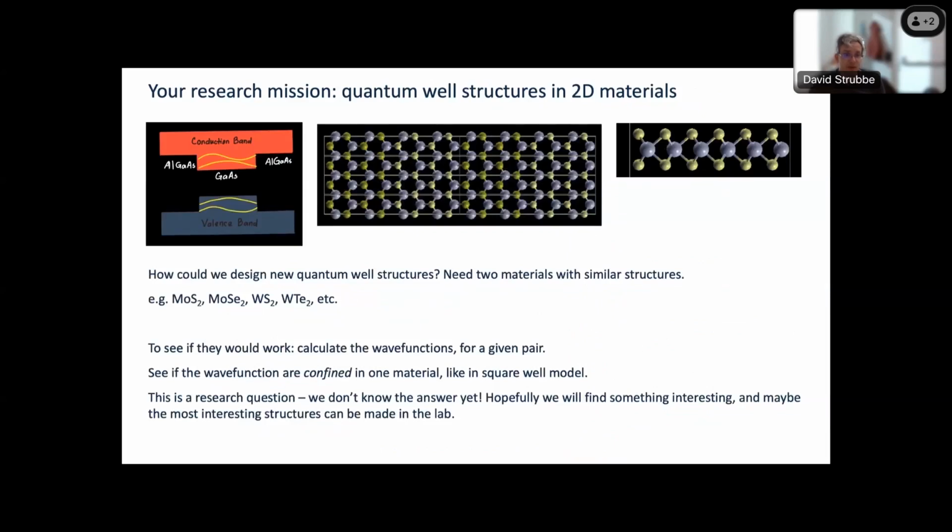What I came up with as a task for the students was to think about quantum well structures in two-dimensional materials. Something that's well established in optoelectronic technology for lasers and other things is that you have structures of aluminum gallium arsenide and gallium arsenide that confine some of the wave functions in a particular region.